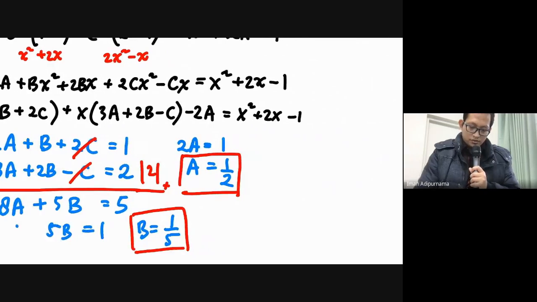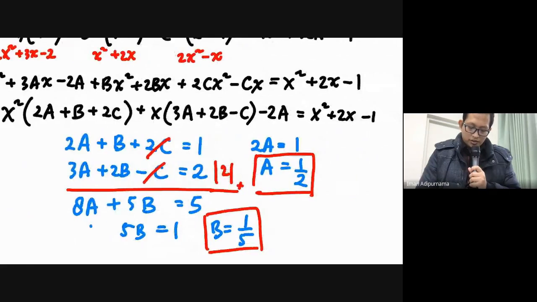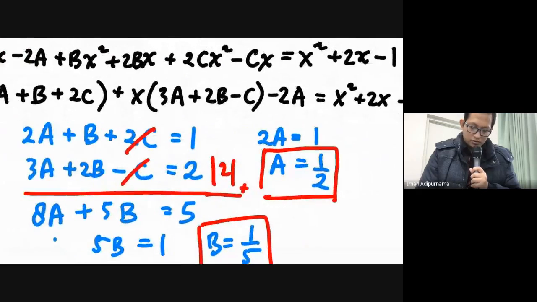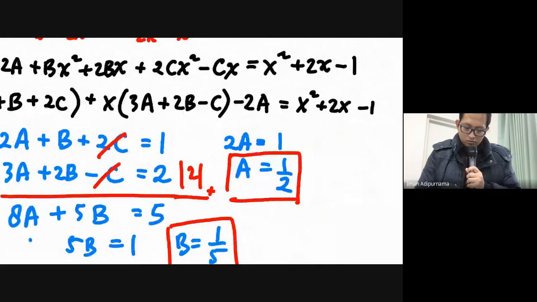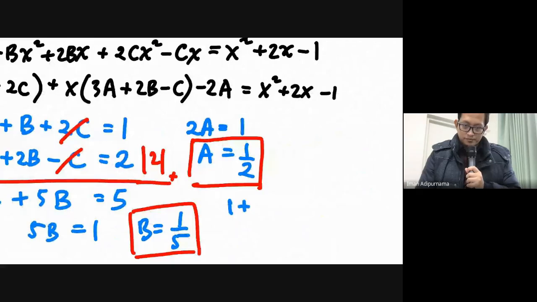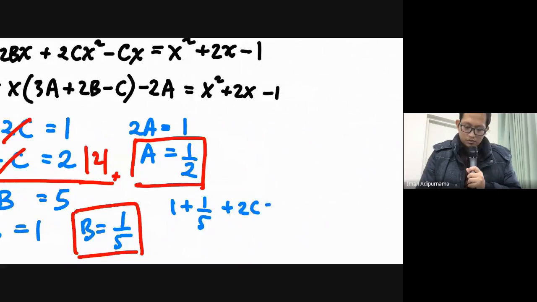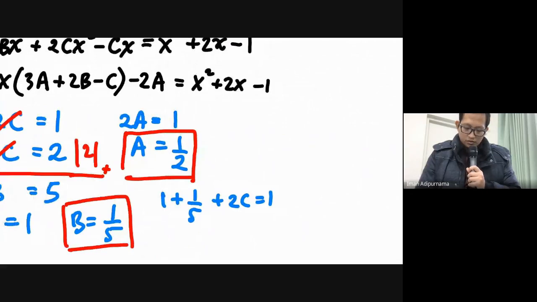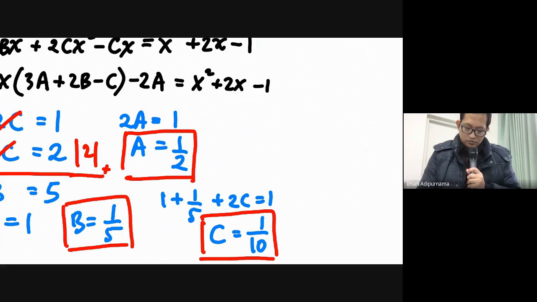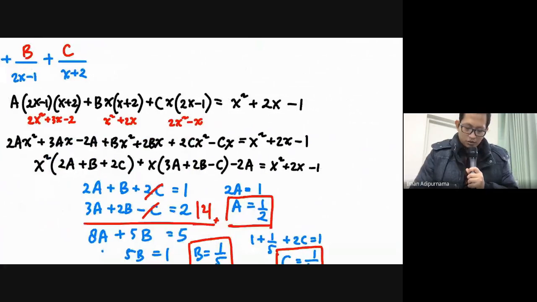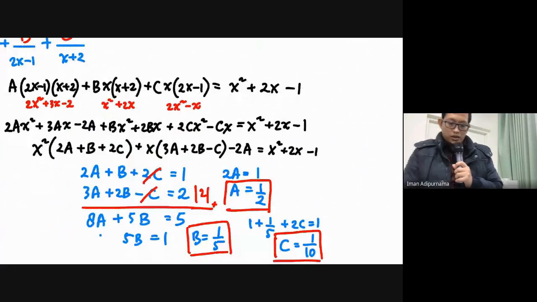And substituting all into the equations, you get 1 plus 1 over 5 plus 2c is 1. So 2c, or let's just write c, is 1 over 10. And based on our results, we can substitute a, b, c into the equation.